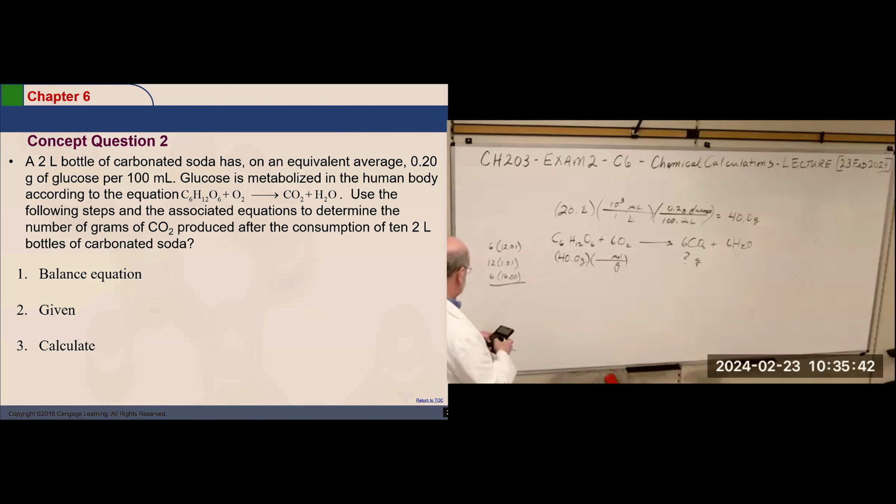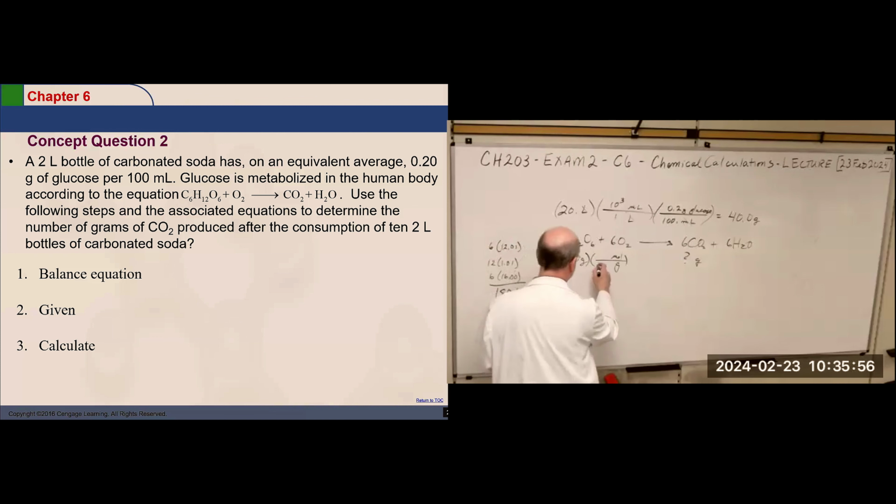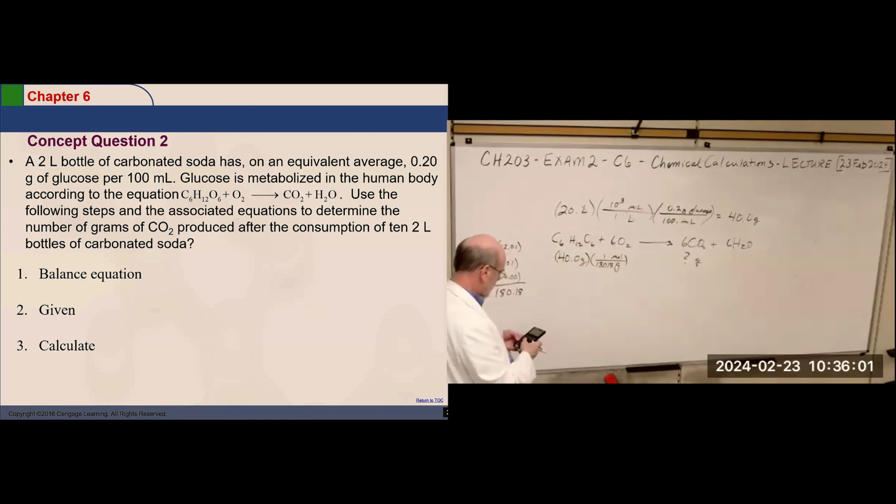And then 6 times 16. Don't trust my ability to do that one in my head. 180.18 grams per mole. Divide that into 40.